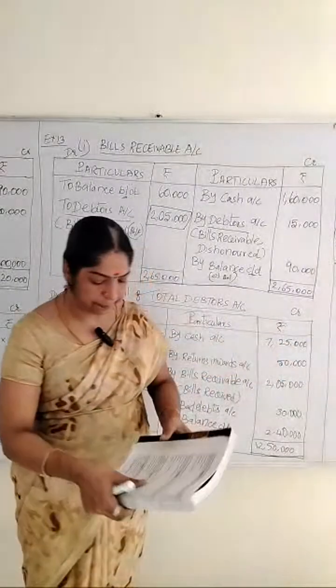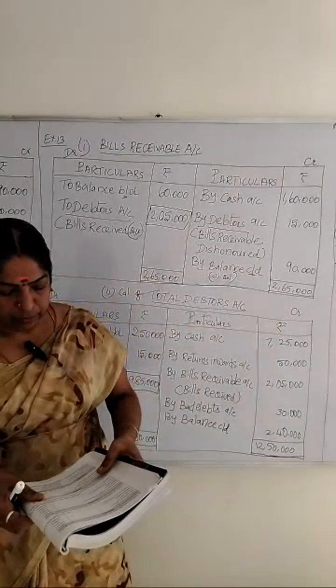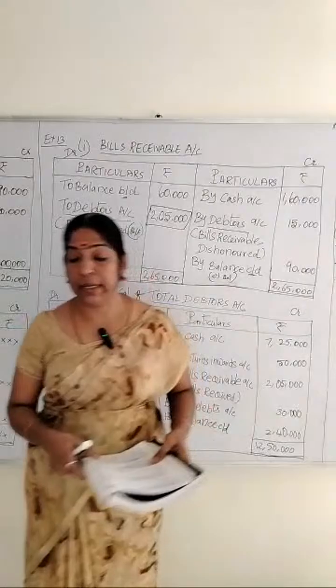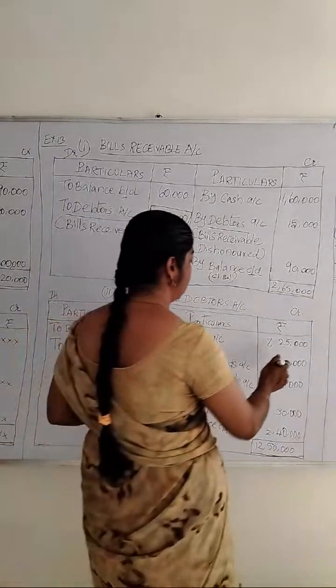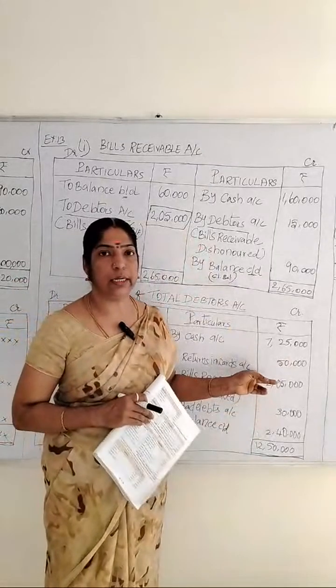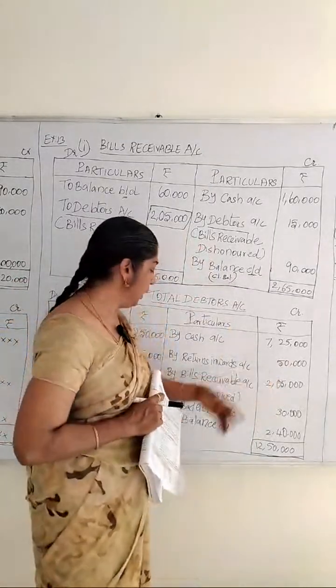We entered it here. Then return inwards. What is meant by return inwards? Return inwards means sales return. Sales return is 50,000 rupees. Return inwards is always entered on the credit side of the total debtors account. Entered.